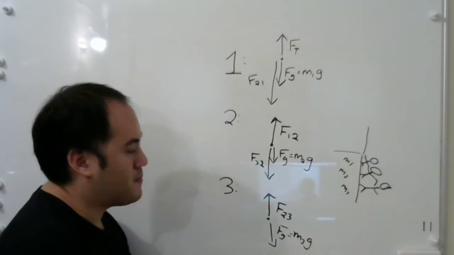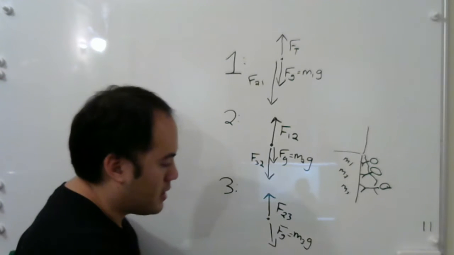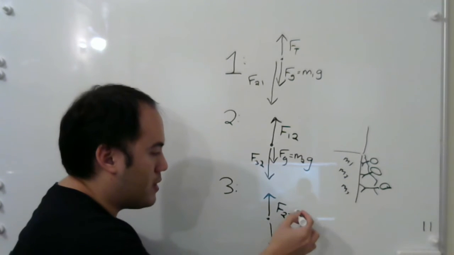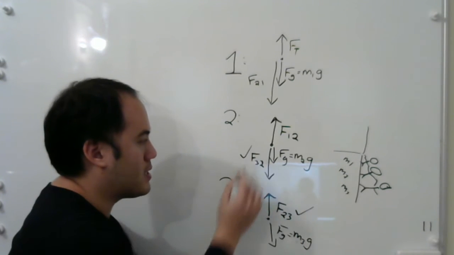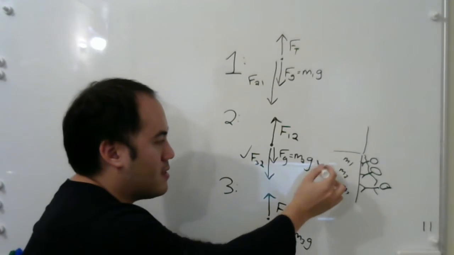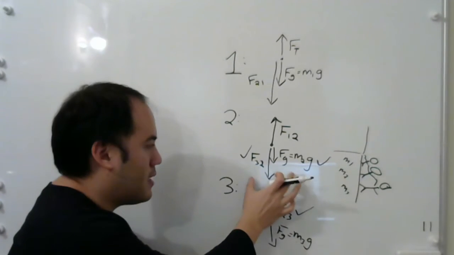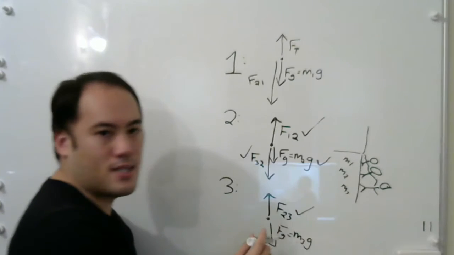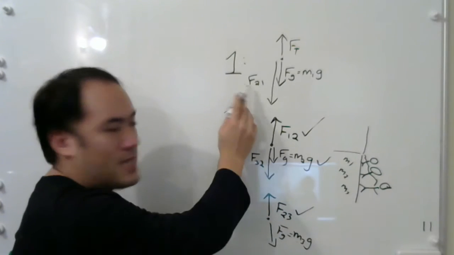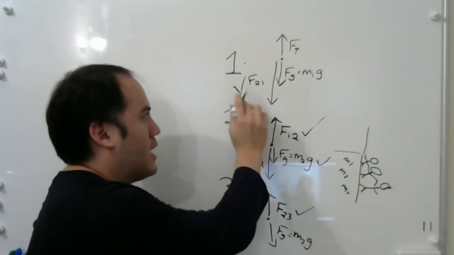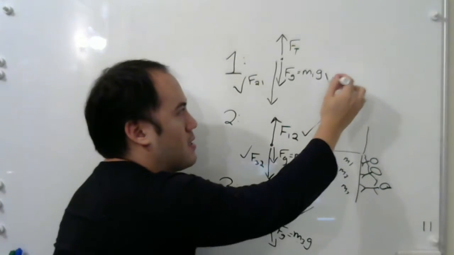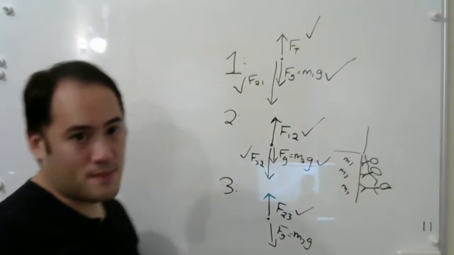They're equal and opposite. So if we know M3 and G, we know this. This is just calculation. If you know these two, add them together, we got this. This is the same as this. Again, third law. So now we know this, we got FT.